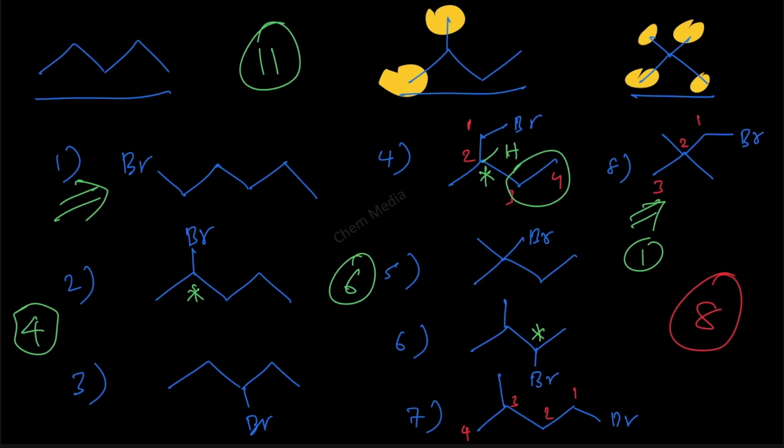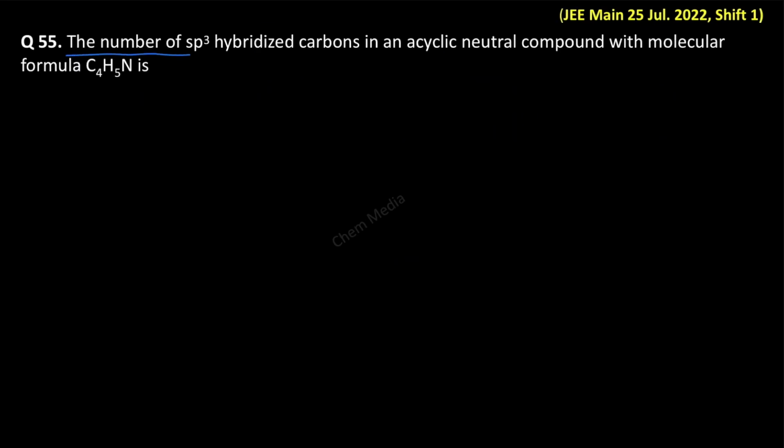The number of sp3 hybridized carbons in an acyclic neutral compound with molecular formula C4H5N is how many? Now let us first determine the degree of unsaturation for this elemental composition.